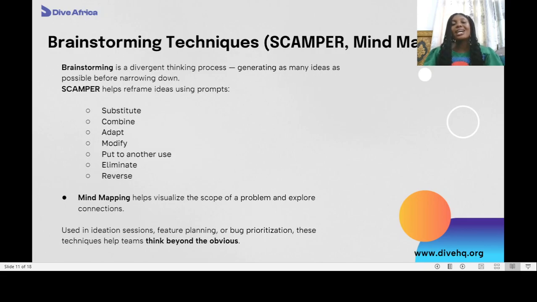So the A stands for adapt. Adapt here means to borrow an idea from a different situation or industry and adjust it to yours. Example, fast food drive-throughs.